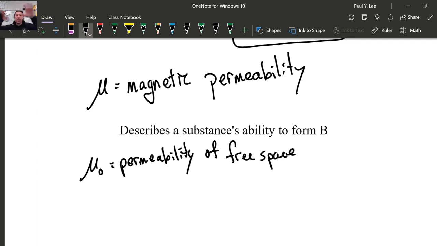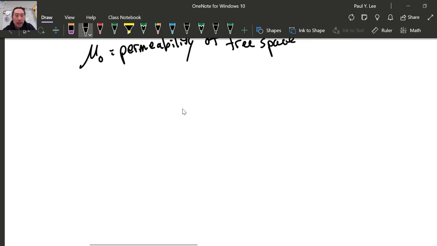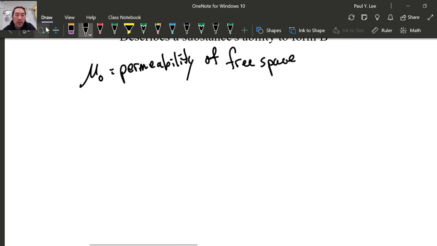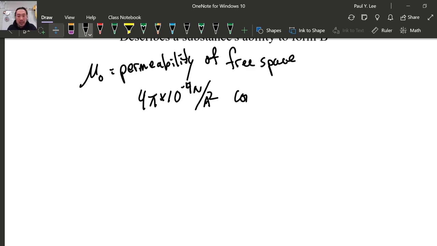If you have free space where there's nothing around, what is the ability for that space to have its own B field? You don't have to have this number memorized because it is given to you on your formula sheet. It is 4 pi times 10 to the negative 7, and the units are Newton per ampere squared. It's a constant, and this was derived through different experiments.